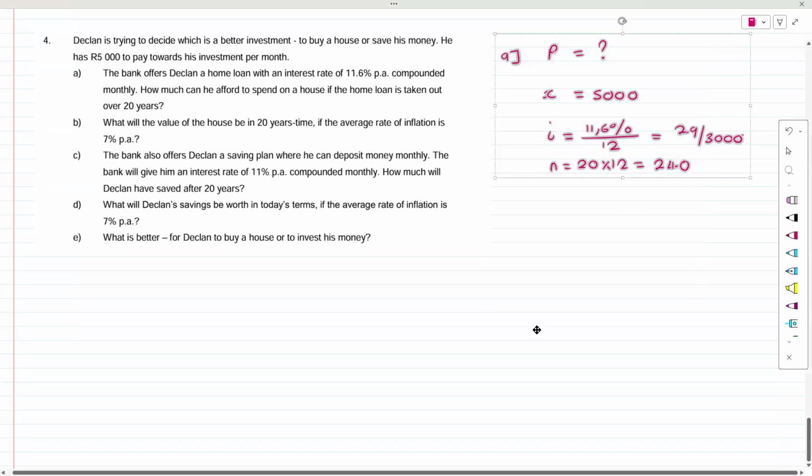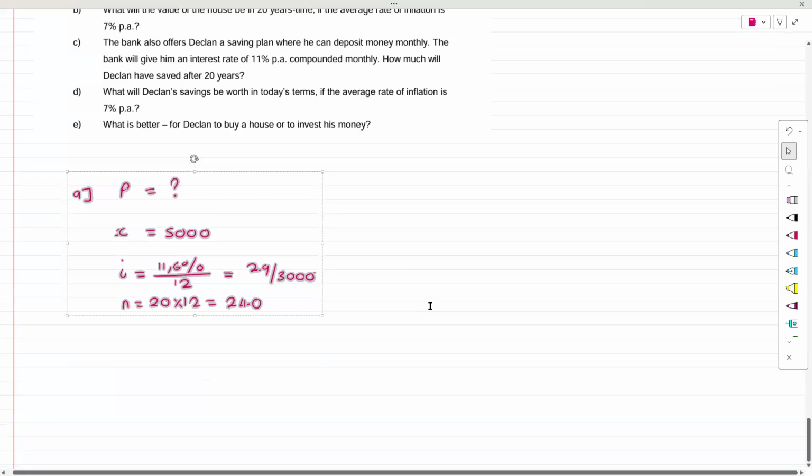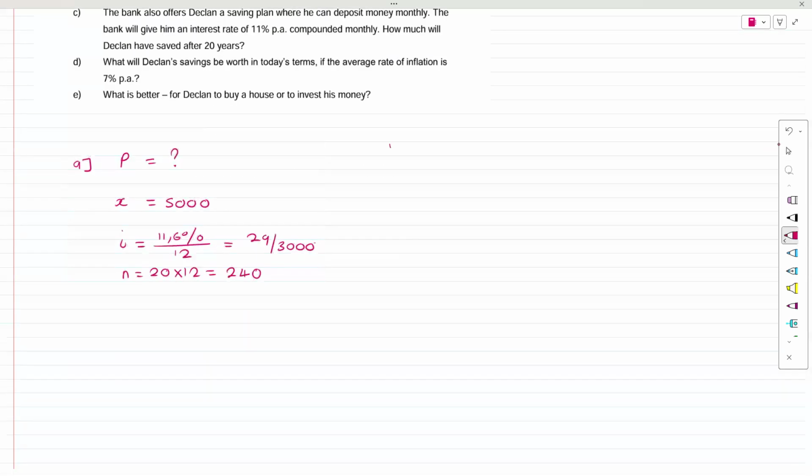Okay, so if we're dealing with this, it's basic calculations. I don't think it's too much of a problem. P equals x into 1 minus 1 plus I to the power of minus n all over I. X is 5,000, 1 minus, and this is 1 plus 29 over 3,000.